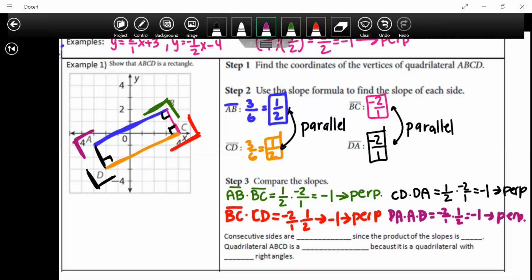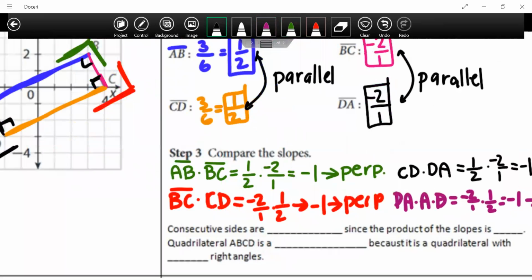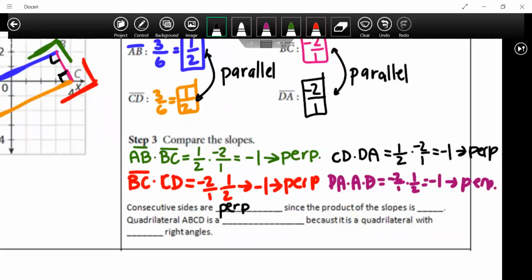Okay, consecutive sides are perpendicular, since the product of the slopes is -1. Consecutive means right next to each other. Give me 2 consecutive numbers, 1 and 2, 3 and 4, 5 and 6. They're right next to each other, so the same thing applies.